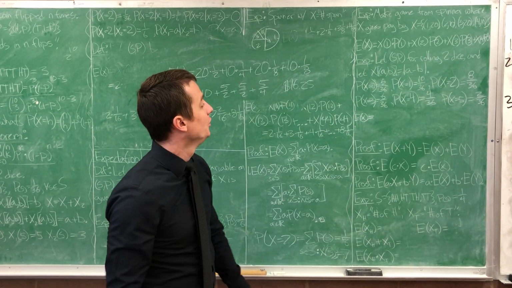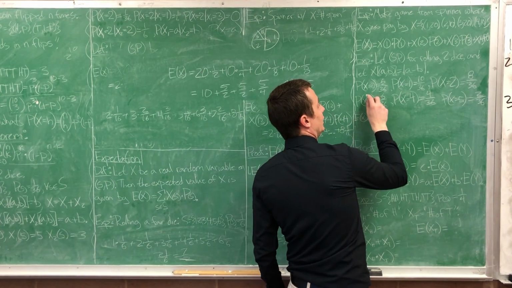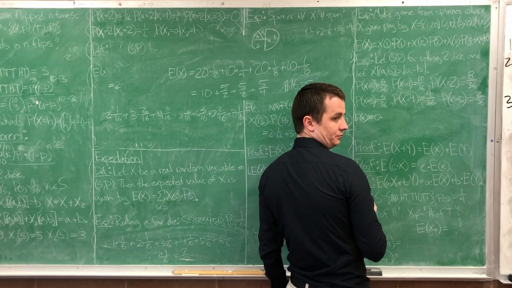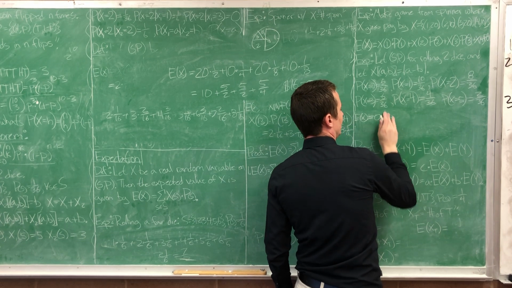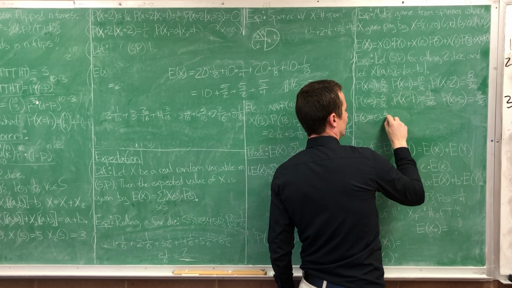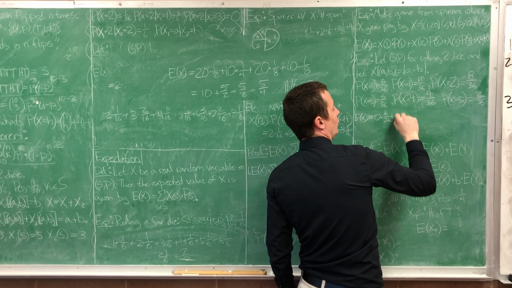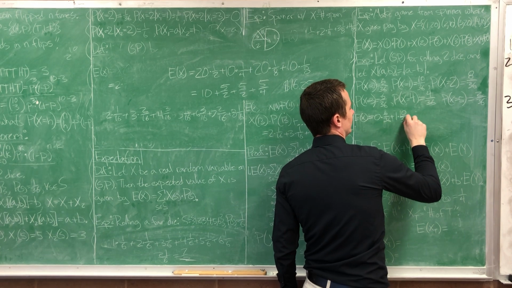But now back to this example, let's figure out our expected value. We can get 0. What's the probability that we get a 0? 6 over 36. We can keep everything in terms of 36 just to see where the numbers came from. 6 over 36, plus 1 times the probability we get a 1, 10 over 36.